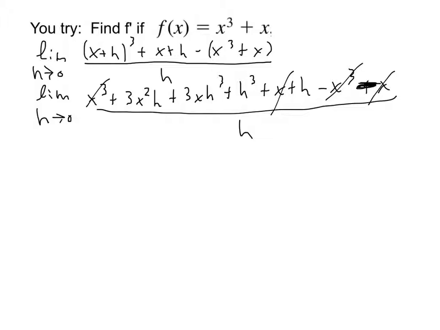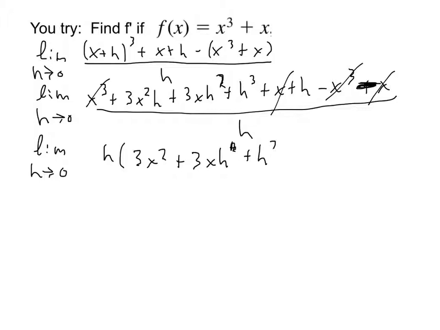Okay, and now we can factor out an h from the numerator, which would give us h times (3x squared plus 3xh plus h squared plus 1) all over h. Correction: that should just be an h, and this up here should be a squared. Sorry about that.